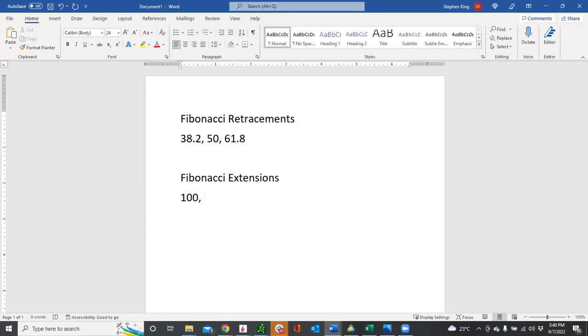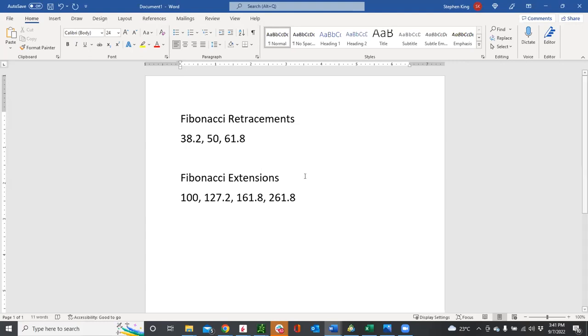I'll explain what that is when we get to it. Then 127.2, 161.8. And then beyond that is a big jump to 261.8. Those are the main Fibonacci extensions that we're going to be looking at. And then we'll also talk about how you can use RSI in conjunction with all this.